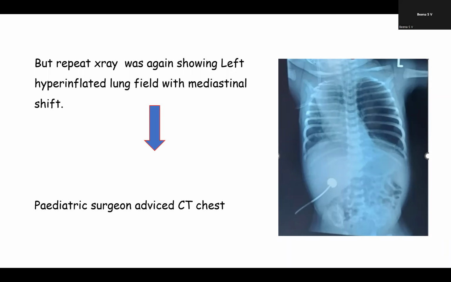But in CPAM, the pulmonary airway malformation, the problem is that in that lobe there are cysts as well as normally functioning lung. So a lobectomy in a pulmonary airway malformation may add to the distress of the child, because we are removing some areas of the lung which were supporting the oxygenation of the child. That is the problem with surgery in CPAM versus CLE.